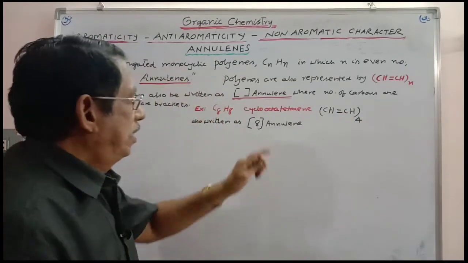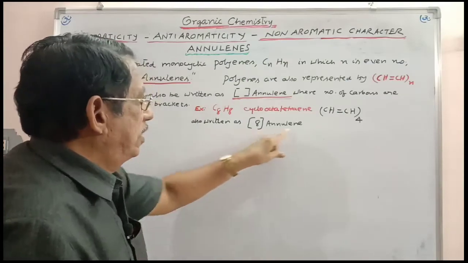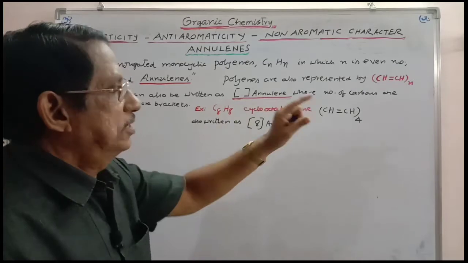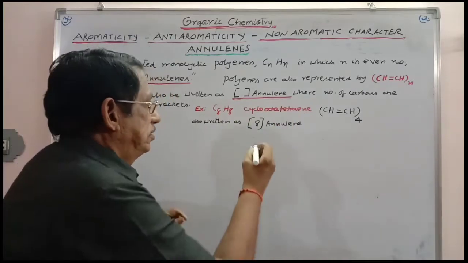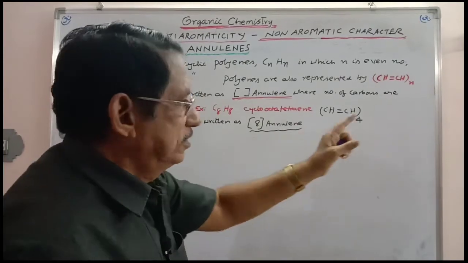On the other hand, this can be written as [8]-annulene. [8]-annulene means C8H8, that means cyclooctatetraene. This is another representation for annulenes. Every annulene can be written in this manner.